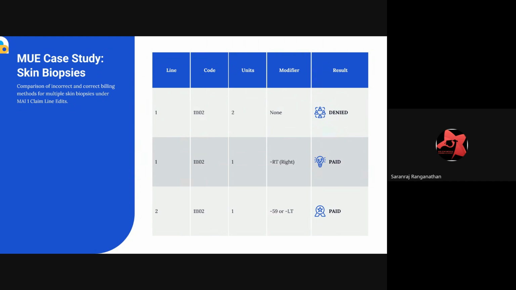In MAI indicator 1, I cannot use it 2 times. If you use it for 2 units, 11102 2 times, skin biopsy code 2 times, it will get denied, because no modifier is used here. When I'm using it with the modifier, RT, LT, yes, that will get paid.